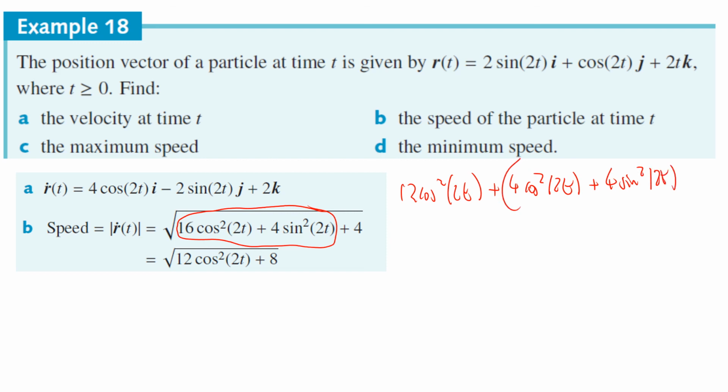This here is just 4 via the Pythagorean identity. So that 4 gets added to the other constant under the square root sign to make plus 8 that you see below. So hopefully that is clear enough for you.